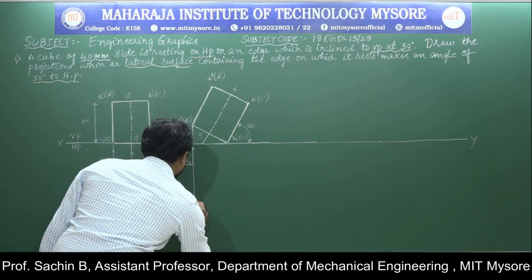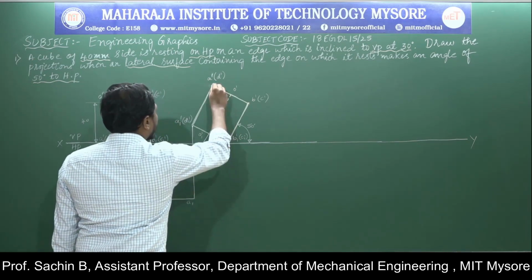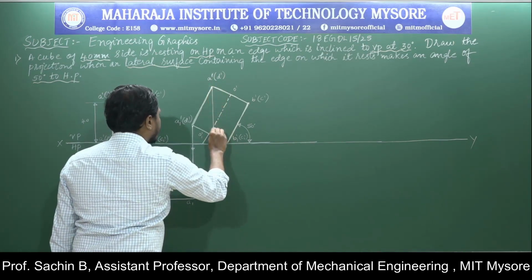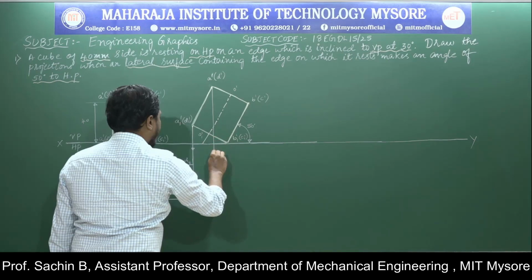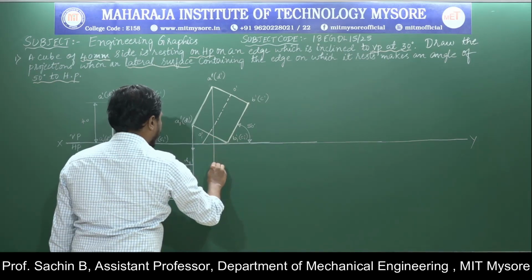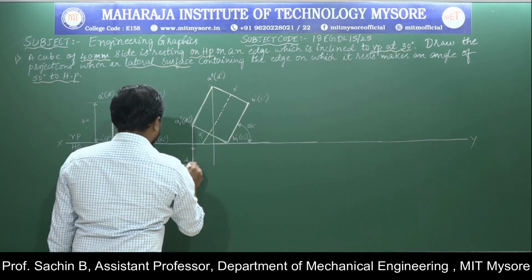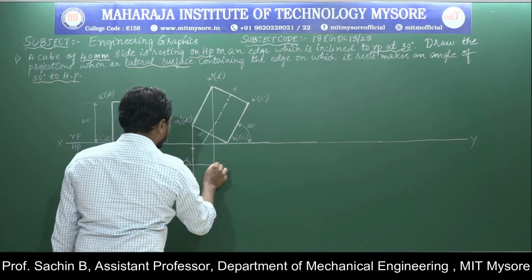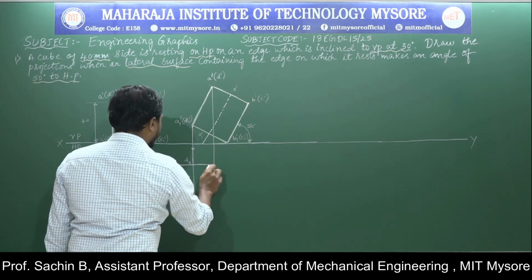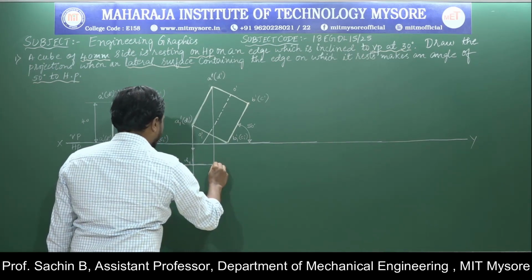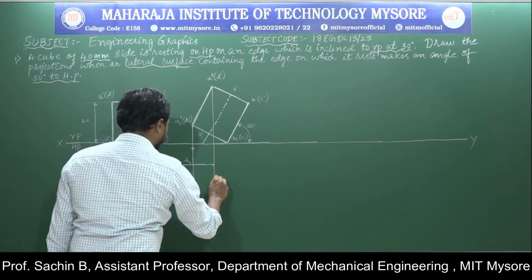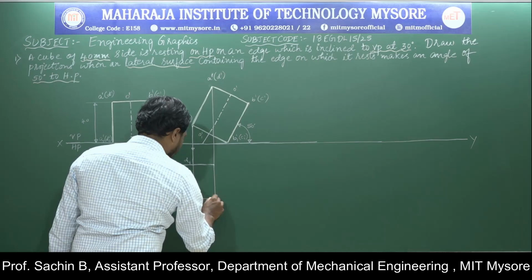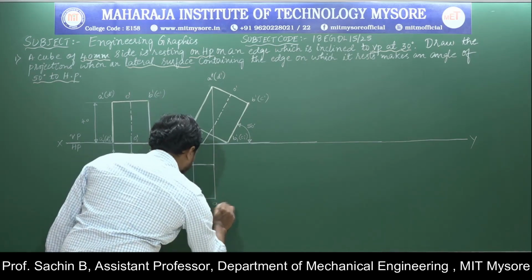This is A1. Again I will draw from the A dash point. Now this D will appear here. I am drawing the projection line. I am going to extend the same line to get the A point. I am extending this line from here.